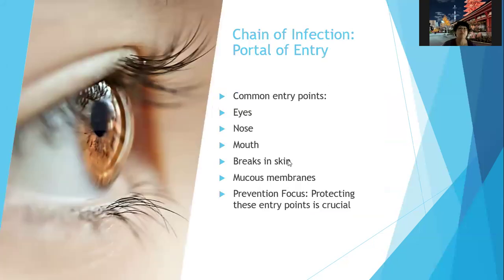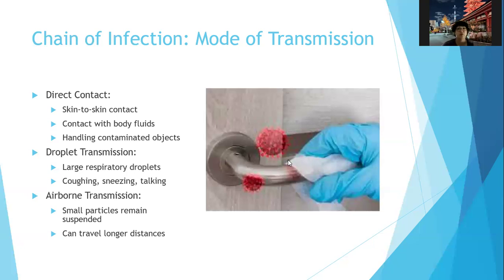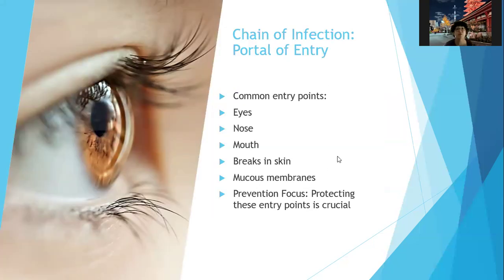Now that we have our mode of transmission, we need a portal of entry. Common entry points are the eyes. You encounter a pathogen with your hands and then you scratch your eye. There it goes. Or somebody sneezes in your face and it goes right in your eyes, nose, and mouth. Any breaks in your skin are potential portals of entry, as are your mucous membranes or breaks in your mucous membranes, and protecting entry points is crucial.